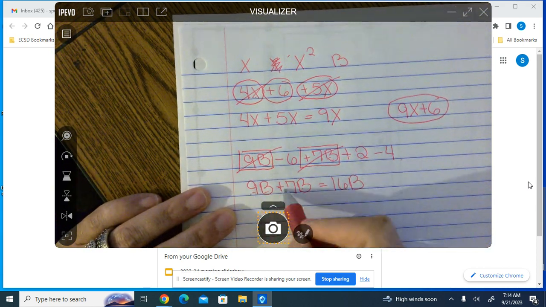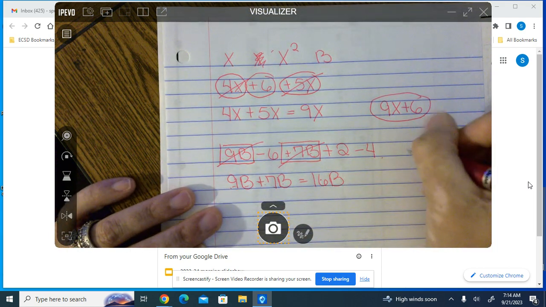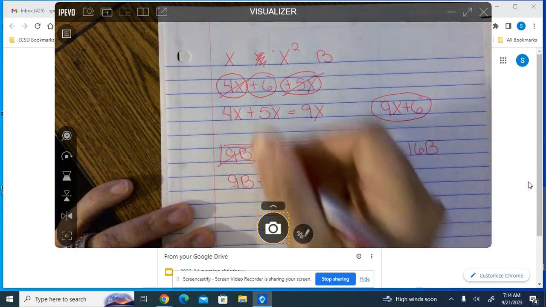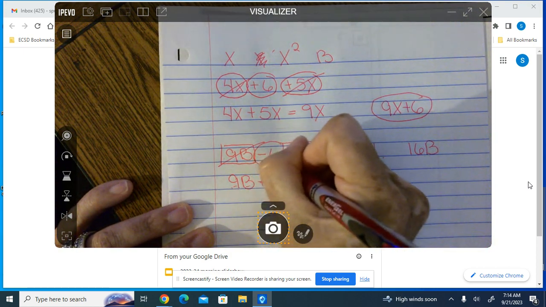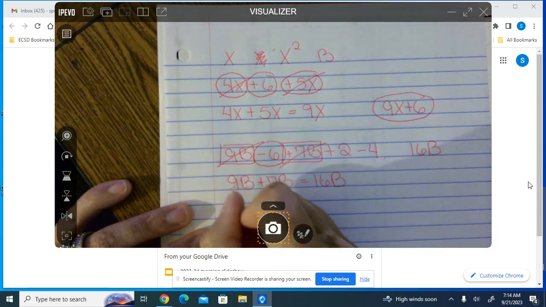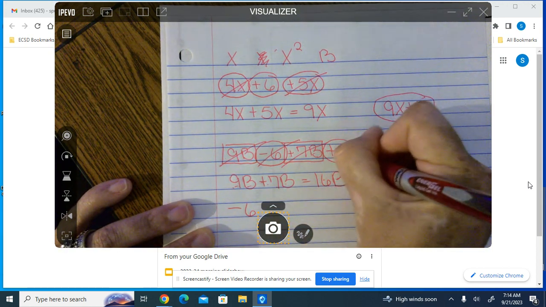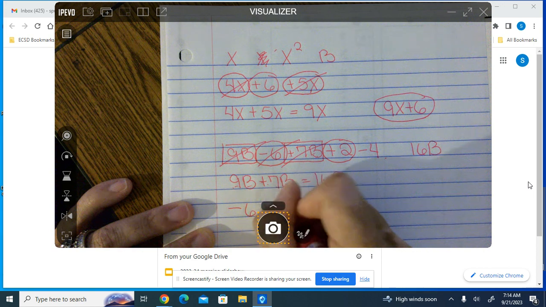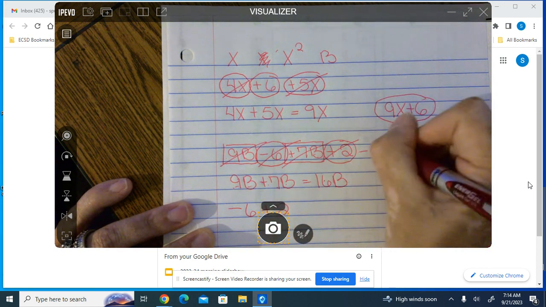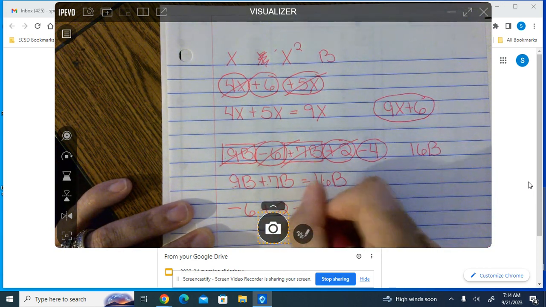Now I'm taking the information I have here and I'm going to start writing my expression again. So I've got 16b. Now be careful, because remember I'm grabbing everything in front of it. So I've got a negative 6. I've rewritten it. I've got a plus 2. Rewrote it. And I've got a negative 4.